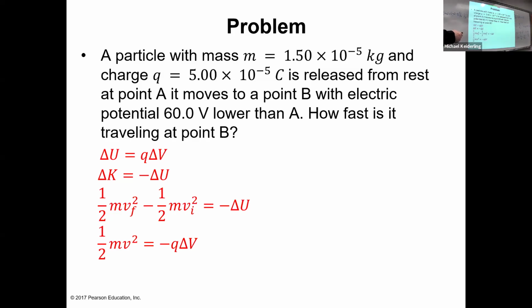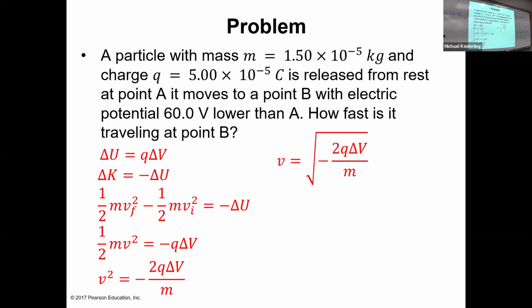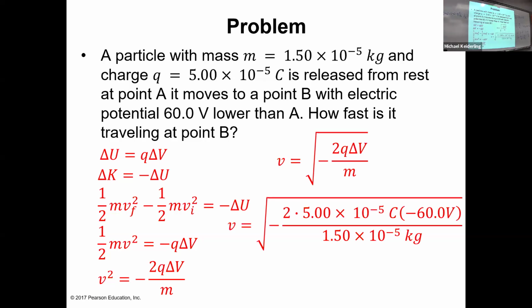Our initial velocity is 0. Our final velocity is what we're interested in. So 1/2 mass times velocity squared will end up equaling minus Q delta V. The velocity squared is minus 2Q delta V over mass, or the square root of minus 2Q delta V over mass.